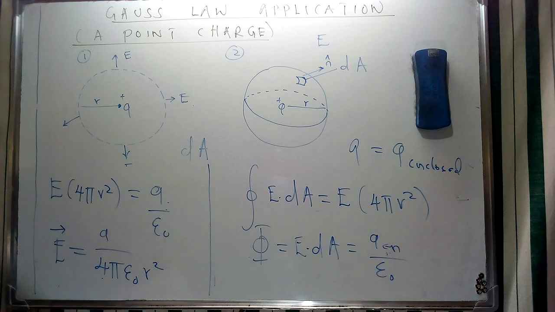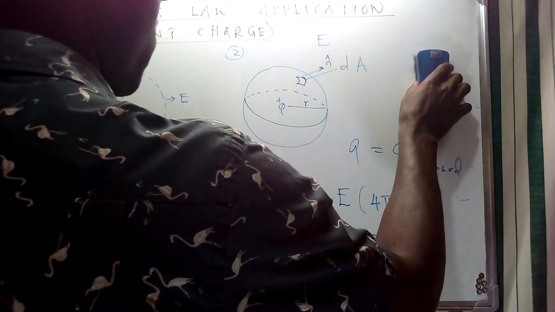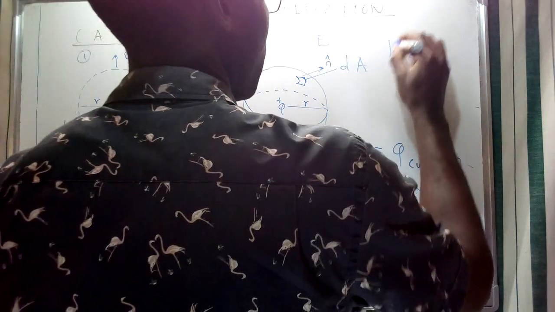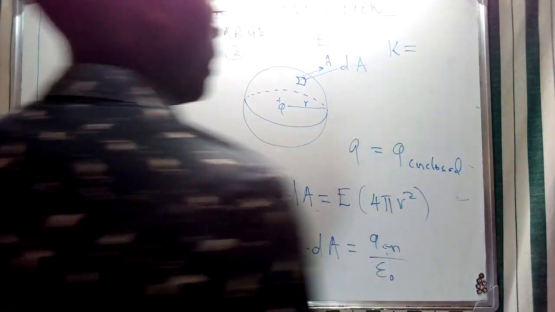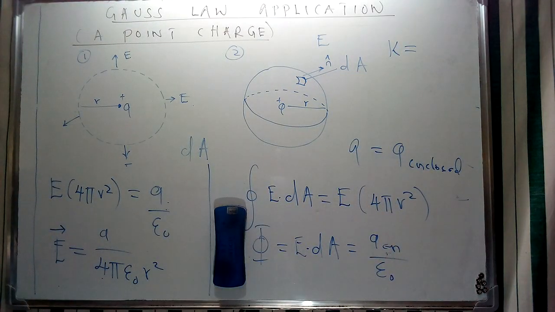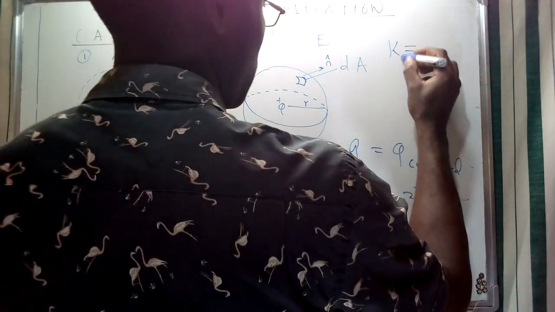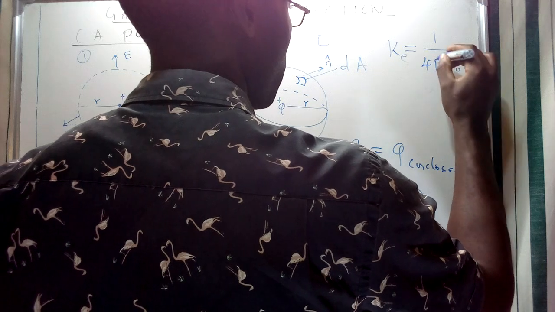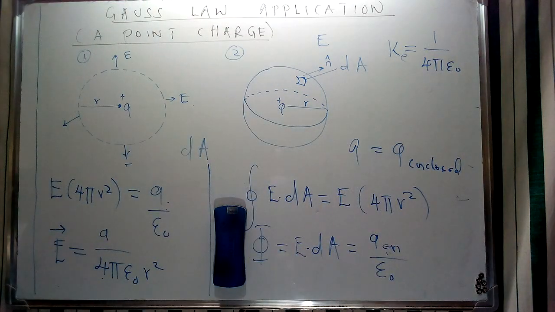But in one of our videos, we said that we can include the concept of a constant, which we gave as K. Of course, we mentioned this in one of our videos, and when it pertains to the electric field, it's given as 4 pi epsilon naught, which gives us a constant.